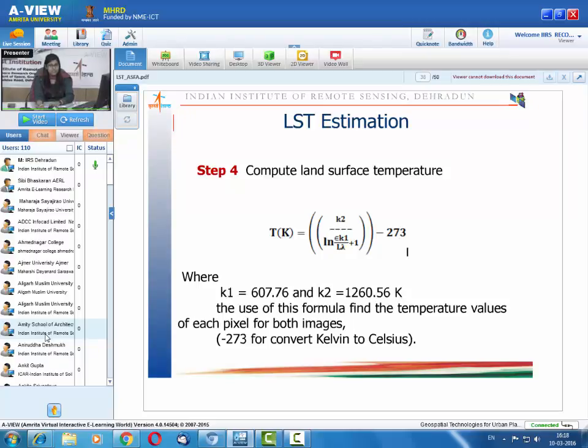They are dependent upon the sensor that you are using. For example, if you are using Landsat 5, K1 and K2 will be different. Here we have taken the values for Landsat 5. For Landsat 7 it will be different, and for Landsat 8 the calibration coefficient parameters will be different. And why have we done minus 273? Because we have to convert Kelvin to Celsius.